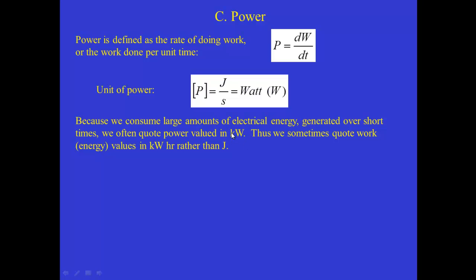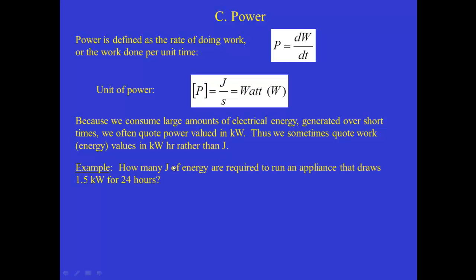Instead of having 10 to the 3 or 10 to the 4 watts, we'll talk about 10 kilowatts or 1 kilowatt. And so as a result, we sometimes quote work or energy values, rather than saying that they're in joules, we'll quote them in kilowatt hours, which is a non-standard unit, but it is used often by utility companies in measuring the usage of energy by their customers.